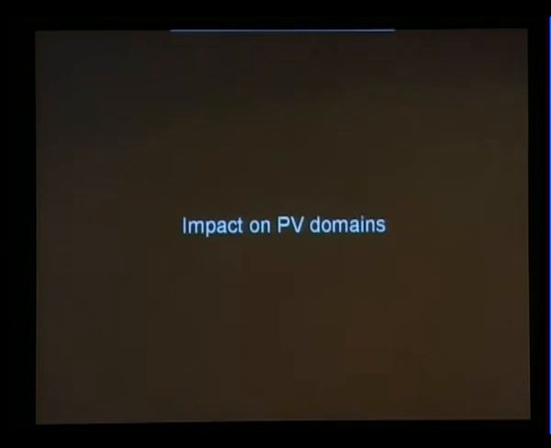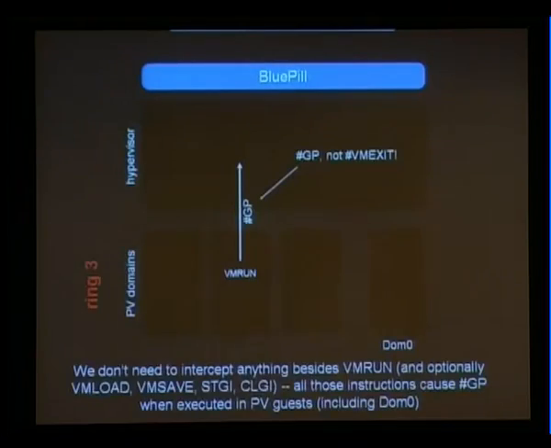Let's start with the impact on paravirtualized domains, for example, domain 0 in the case of Fedora 8. So the impact is 0 because there are no actual VM exits on paravirtual domains by definition.